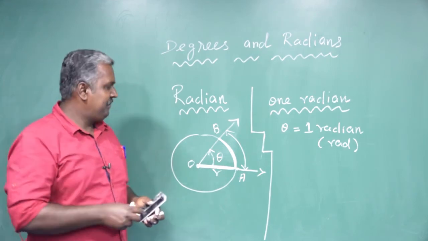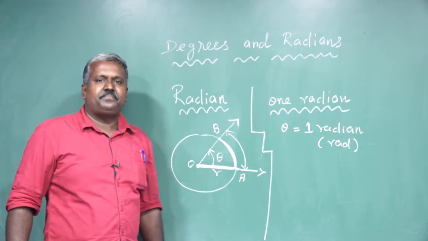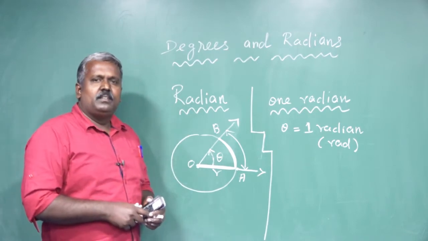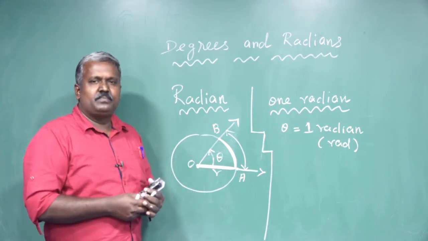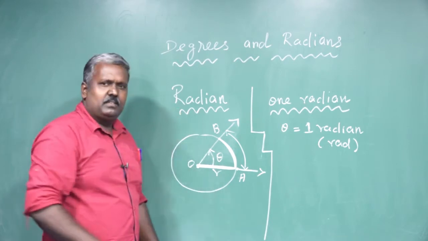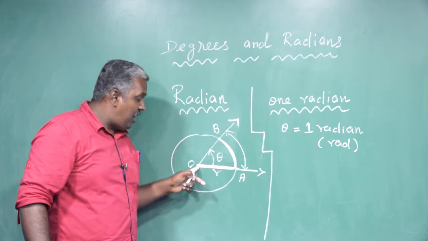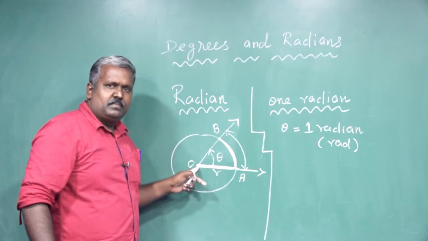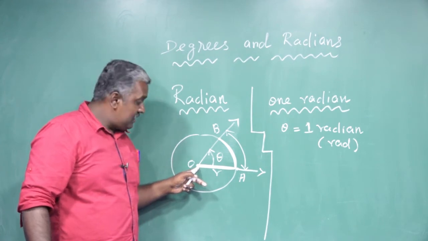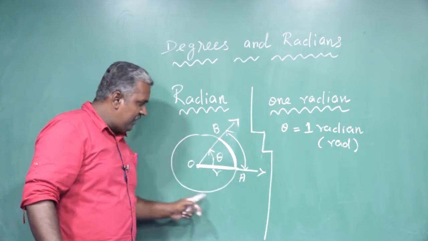Listen properly. Now, suppose let us consider one particle or an object, taking one stone, any one object revolving around this point, that is called the center of the circle.